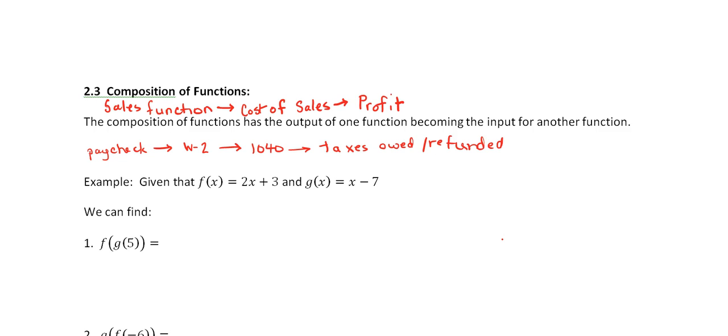Alright, so we have a couple of examples. I'm going to go ahead and work through these, and hopefully they will help us feel comfortable with doing our composition of functions.